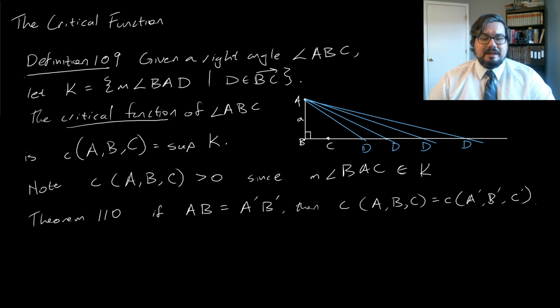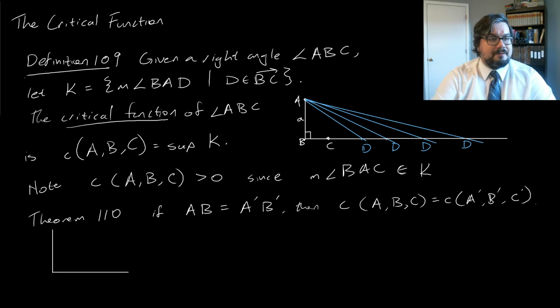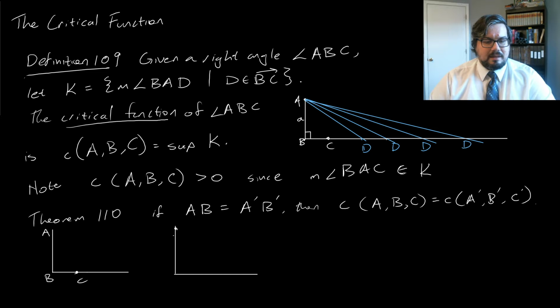And this can be easily seen by showing that if you have your right angle A, B, C, and another right angle over here, A prime, B prime, C prime.